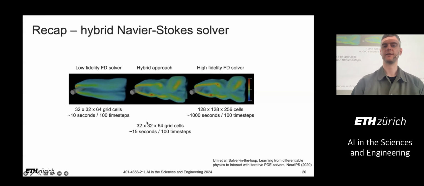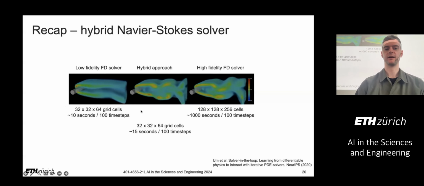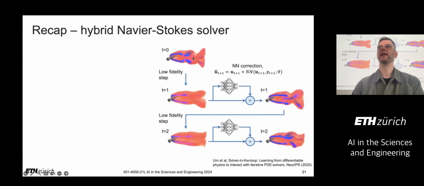So we looked into this hybrid approach, where we took the low fidelity solver but added a learnable component to improve its accuracy. That learnable component is a neural network in the inner loop of the hybrid solver. The network took each low fidelity step and tried to learn a correction to make it look more like the corresponding high fidelity step.